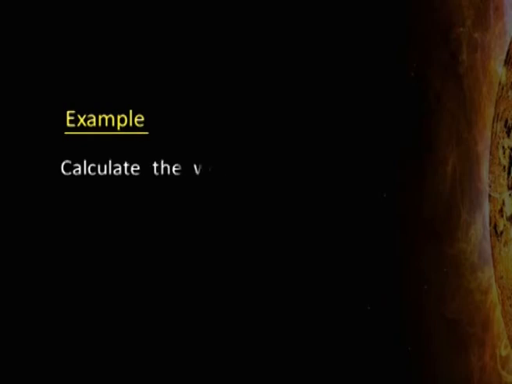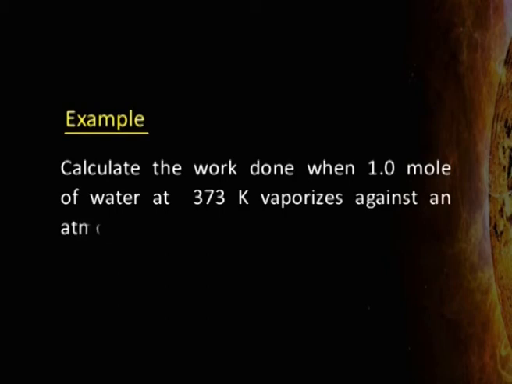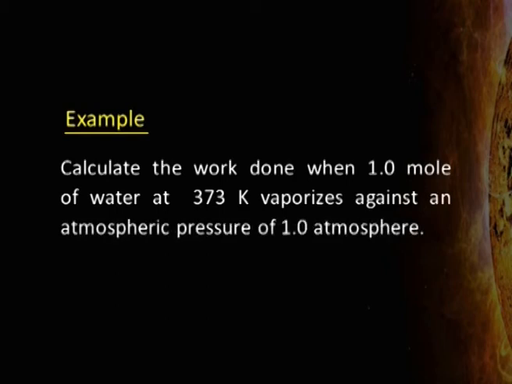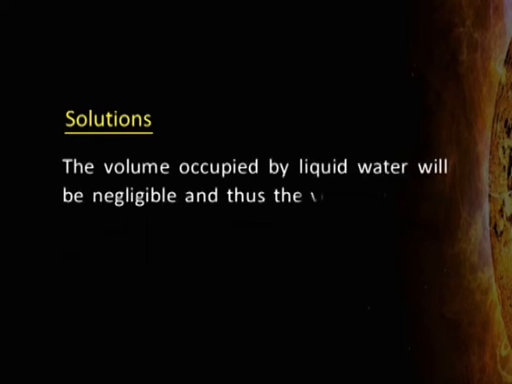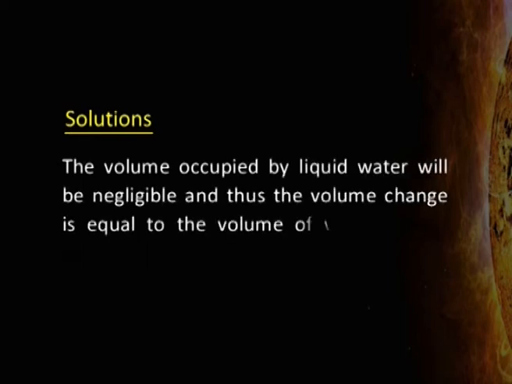There is another example to calculate the work done when water vaporizes. Calculate the work done when 1 mole of water at 373 Kelvin vaporizes against an atmospheric pressure of 1 atmosphere. Assume ideal gas behavior. The volume occupied by liquid water will be negligible and thus volume change is equal to the volume of the water vapor only.